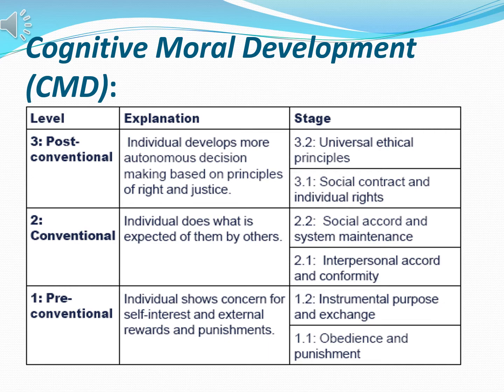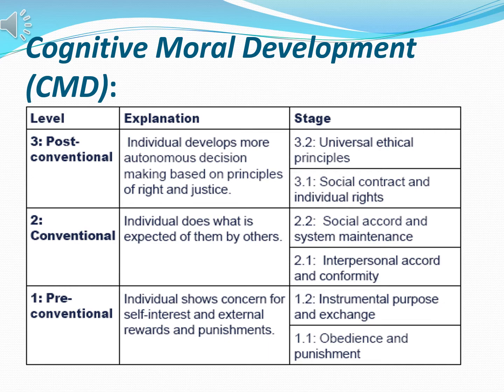Then pre-conventional is where the individual shows concern for self-interest and external reward. So this is basically the first stage, or first level, of your cognitive moral development. You are just thinking about, like we have studied in descriptive ethics theory, egoism, or what interests you, what is beneficial for you.